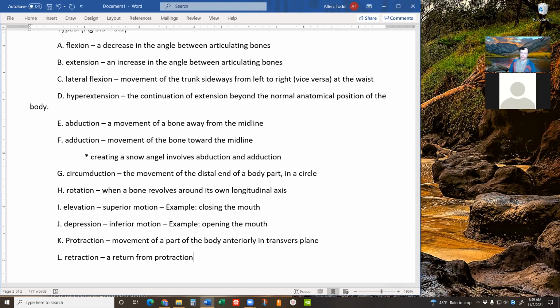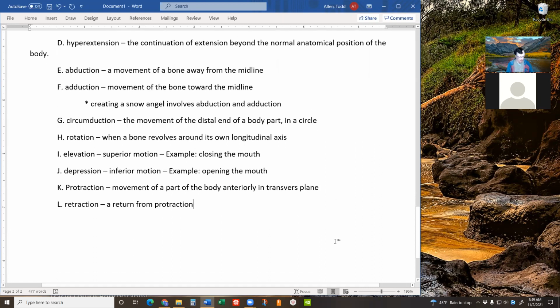Okay, so if you have your chicken head forward and you bring it back into a natural, comfortable anatomical position, that would be retraction. So I'll do that for you. Protraction, retraction. Okay. All right. A couple more here, then we're going to get you out of your seats, folks.